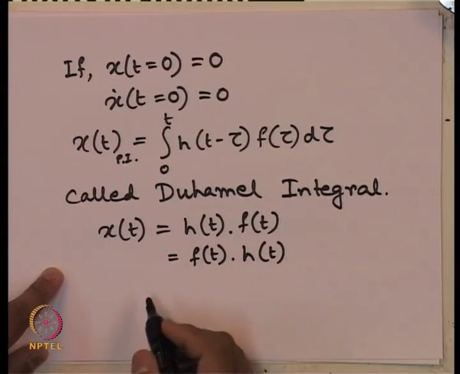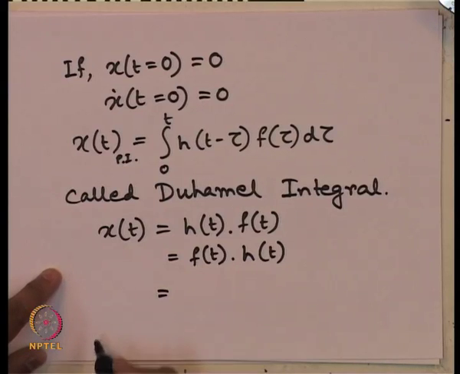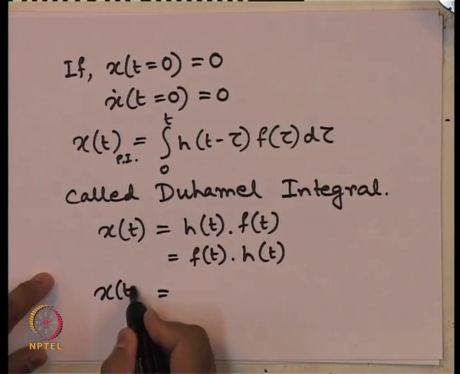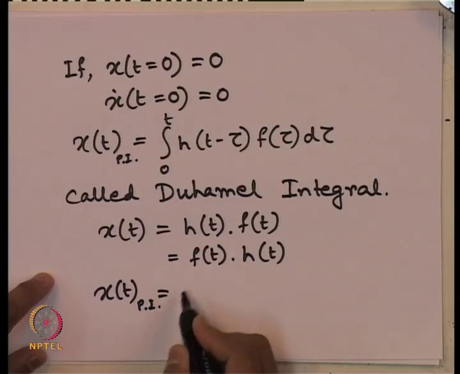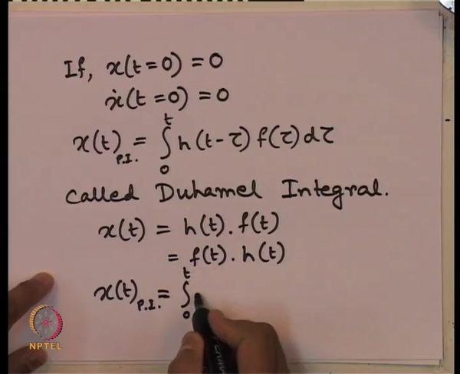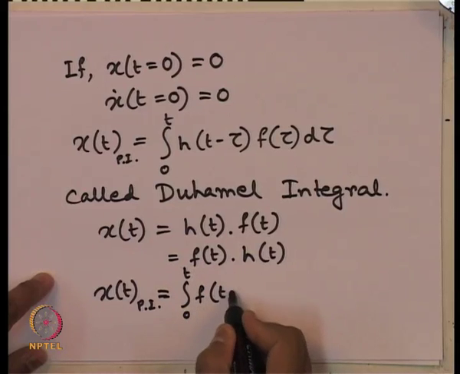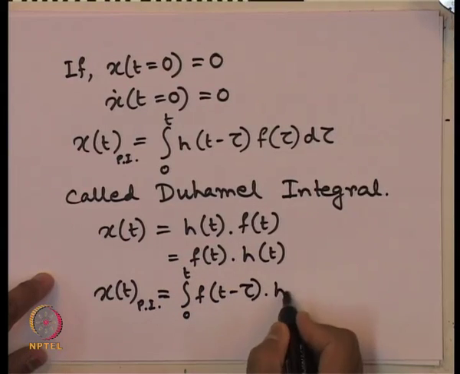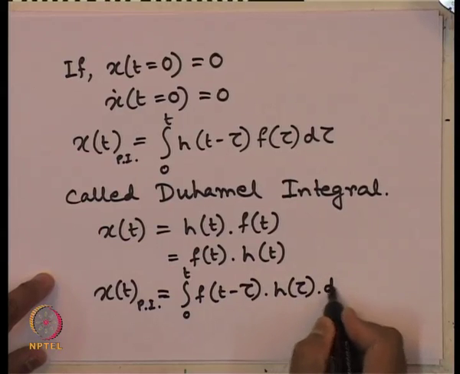That is what the Duhamel integral says, which means for our case x of t, the particular integral, we can rearrange and put it in this form, f of t minus tau h of tau d tau.